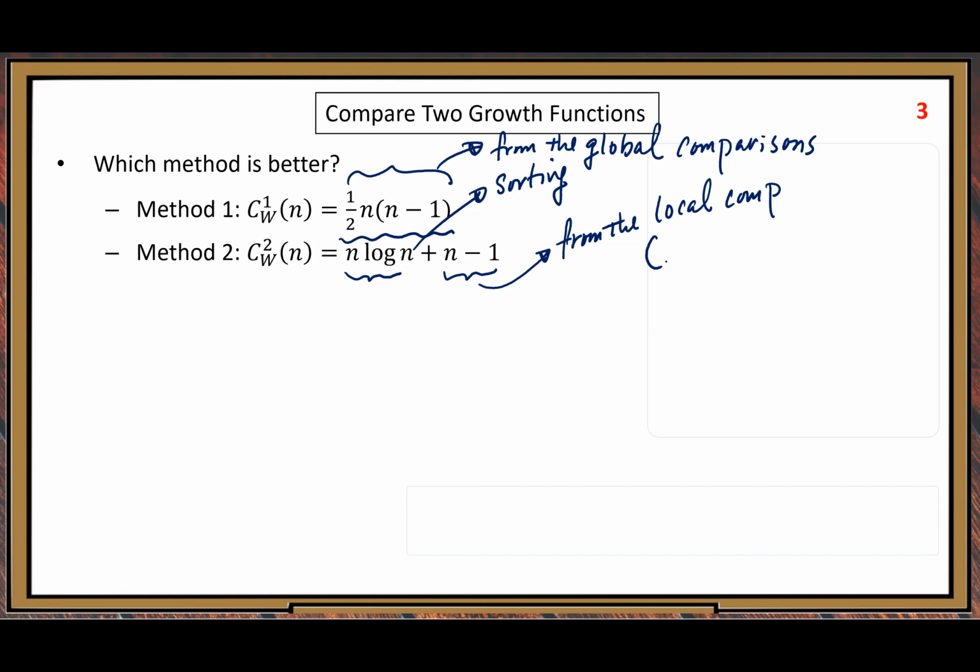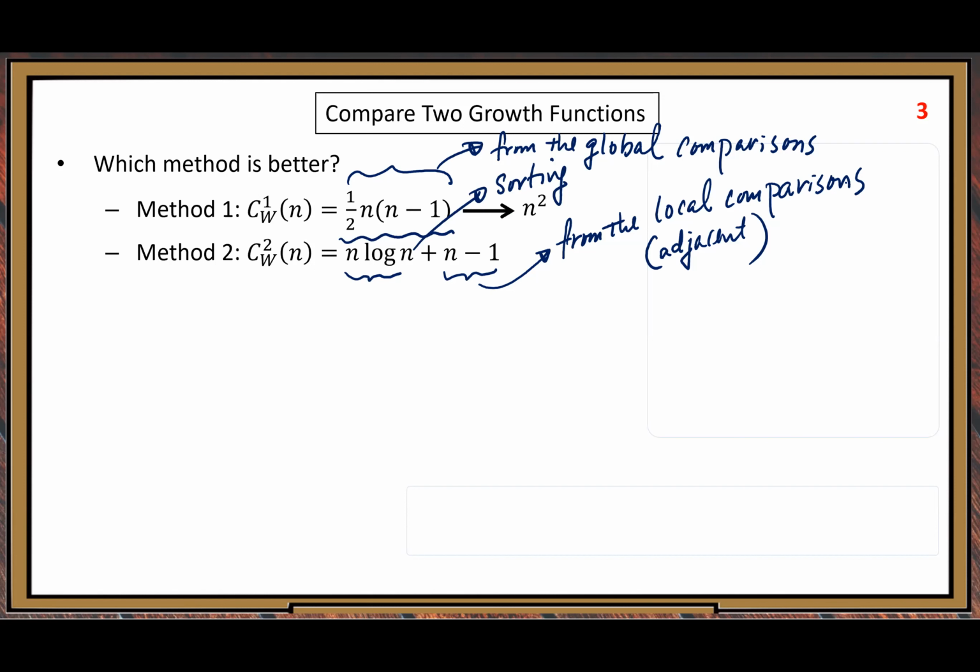Even stronger than ordinary local. Adjacent comparisons. Right? Yeah. So those two methods.